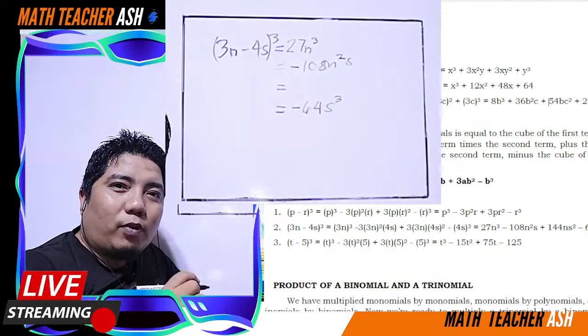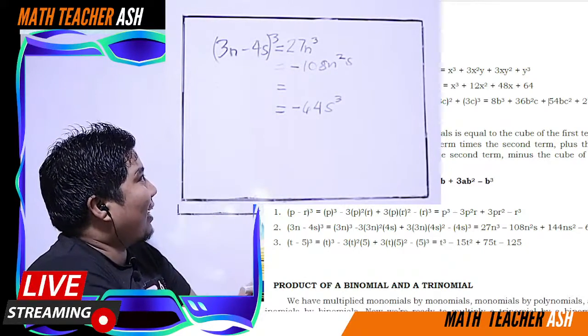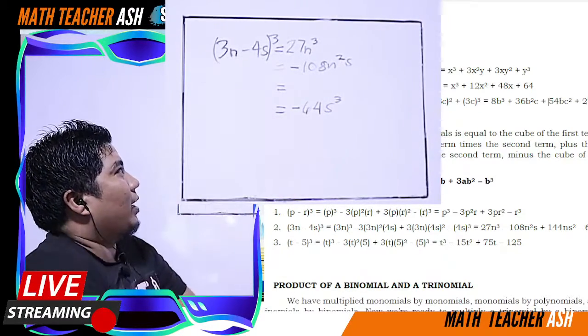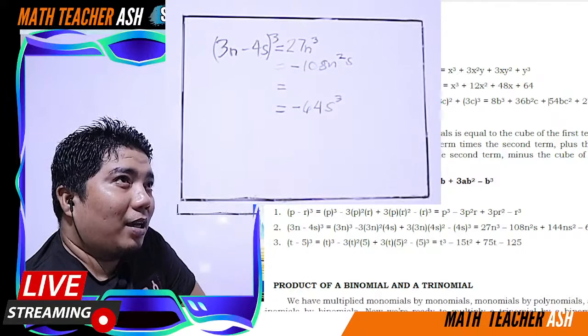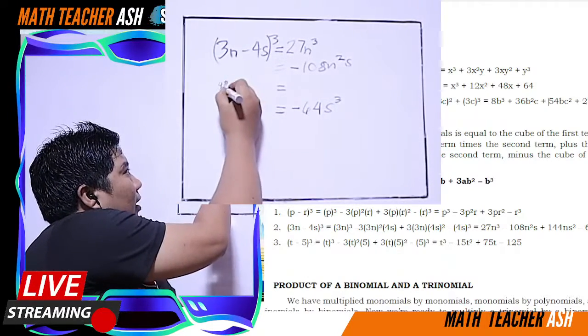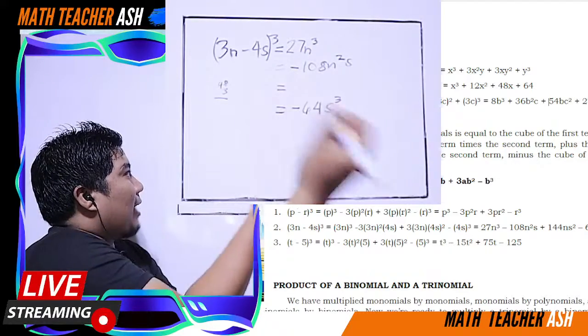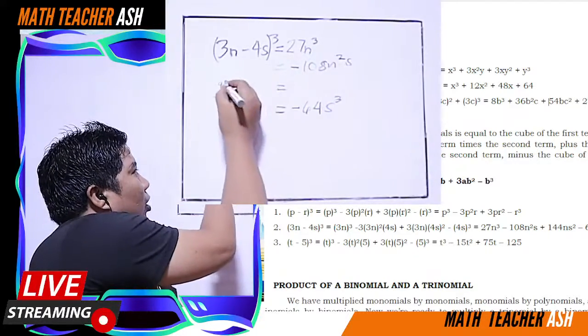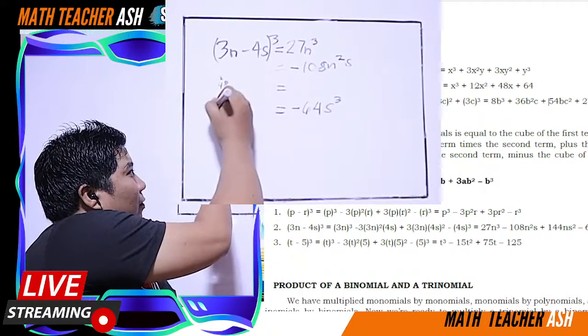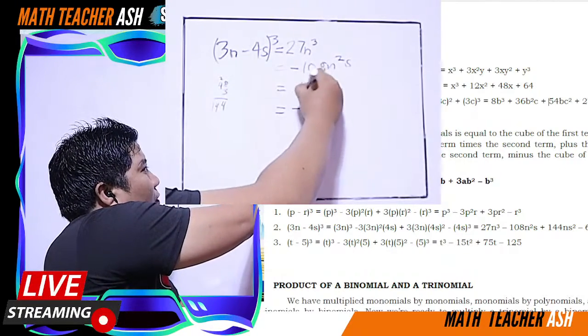Okay. For the fourth term, third term, ito daw i-double mo. So, 4 times 4, 16. So, 16s squared times 3. So, 16 times 3, I think that is 48. Then, 48 times 3 na naman kasi palaging tayong may times 3 sa second at sa third. So, that is 144.